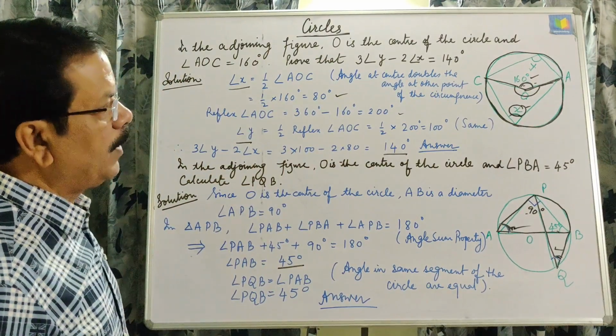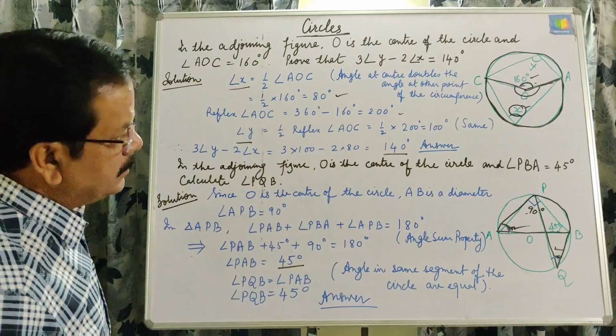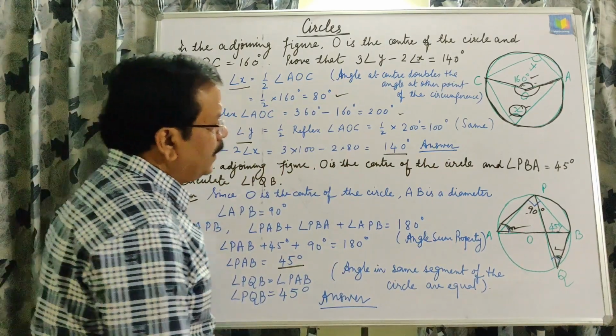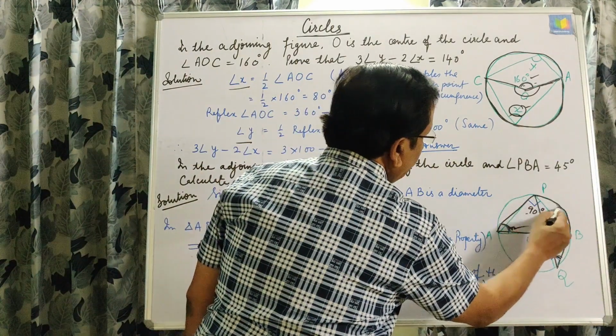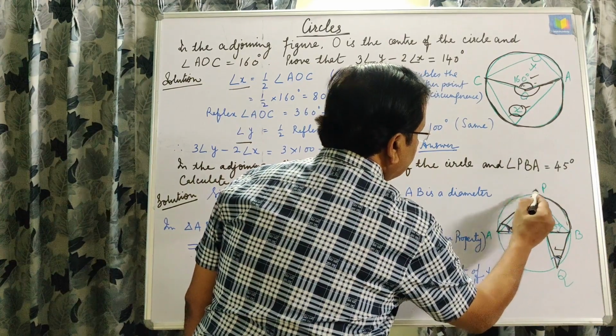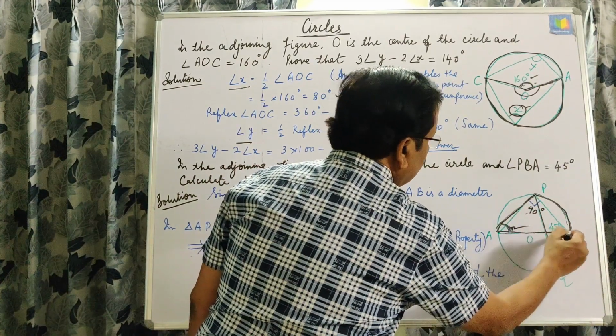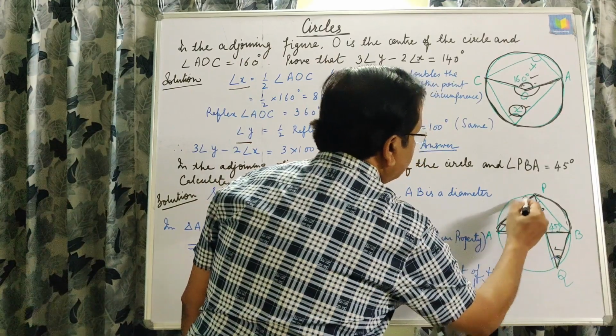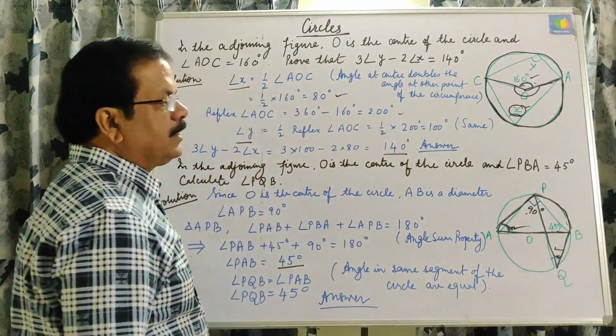This is what we have to find out. And that is why the arc is very important, which arc we are selecting, and we will select the arc according to the sides. Okay, now next question.